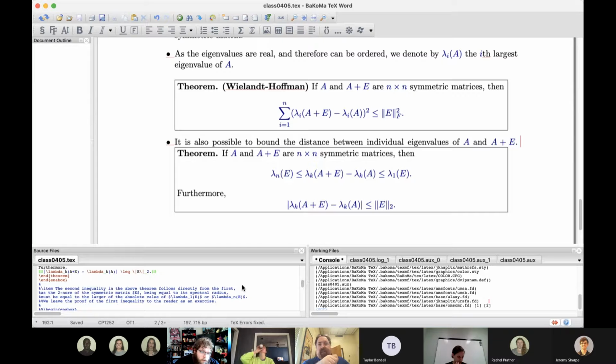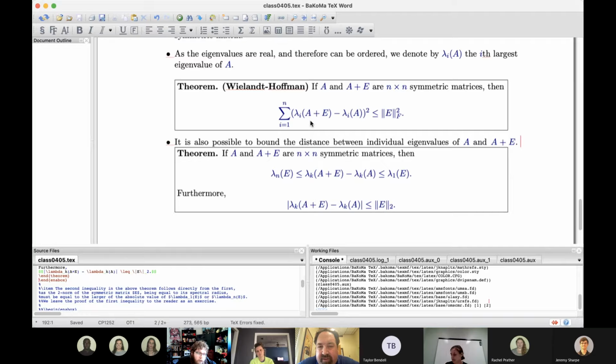And this is pretty nice because we've seen there are situations where a small change in the input can lead to a large change in the output. Like for instance, if you're solving Ax equals b and A is ill-conditioned, a small change in A or b could lead to a very large change in x. We don't really see that happening here. Here we're making a small change in the matrix A, and it's not really leading to an unduly large change in the eigenvalues.